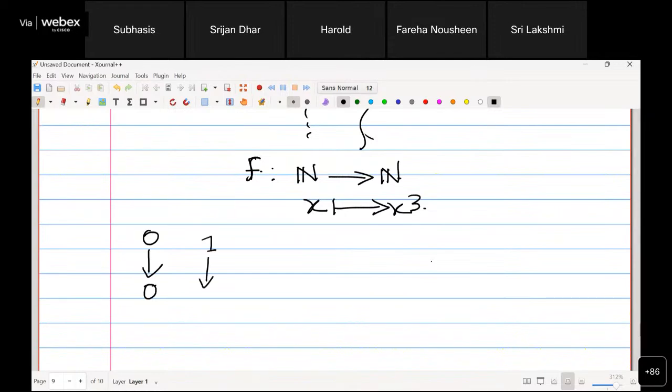The image of 1 is 1. The image of 2 is 8. The image of 3 is 27, and so on. So is this function injective? Yes, sir. And it's clear that this function is not surjective, right? Yes, sir, it is not surjective.